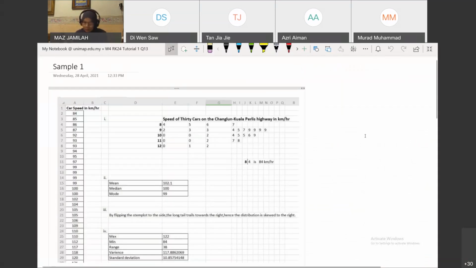Now for the question, I'm not going to go back and forth because I believe you have your textbook with you. I figure out some of you still don't have your textbook with you, and in fact, some of you have the first version. The first version and the current version are quite different in terms of the materials as well as the questions in the tutorial.